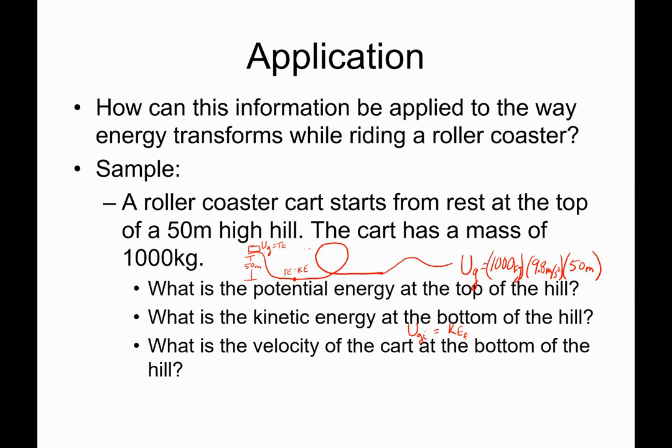So let's take a look at that. If we know that the total energy, your kinetic energy, is equal to your mgh initial, and that's also equal to 1/2 mv squared, notice here that your masses can cancel.